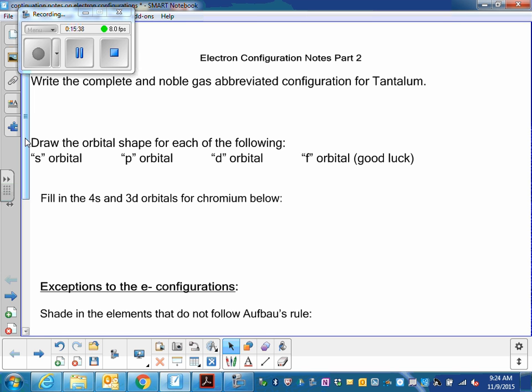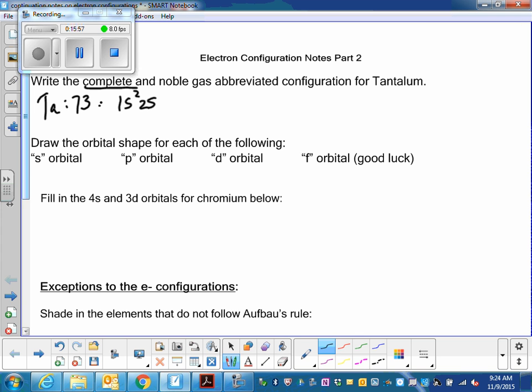Number 73. Tantalum is 73. I need you students to write out the complete electron configuration of tantalum. Go. Unabbreviated. It says complete and noble gas.